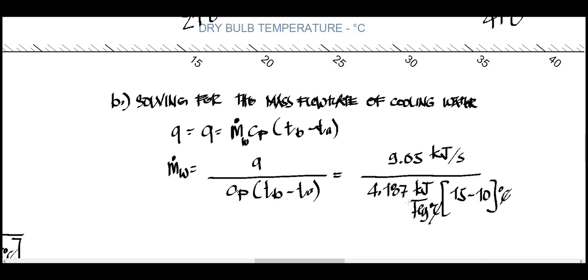So cancel out common units. Finally, we have the mass flow rate equal to 0.433 kilogram per second.